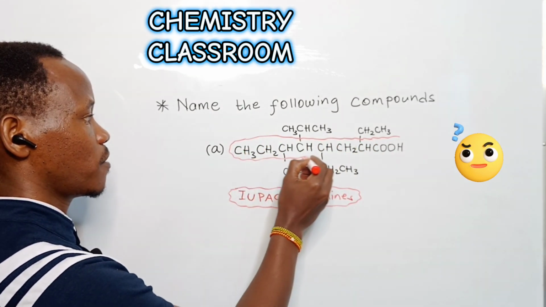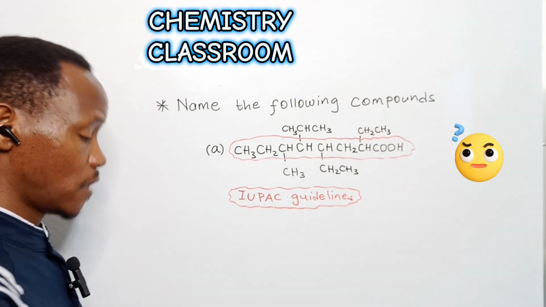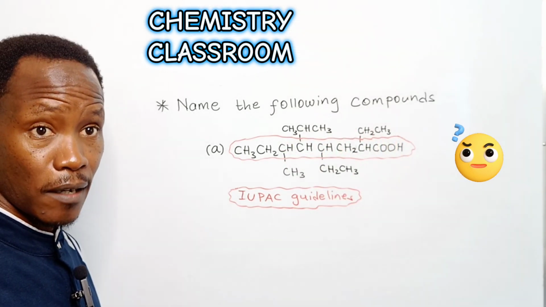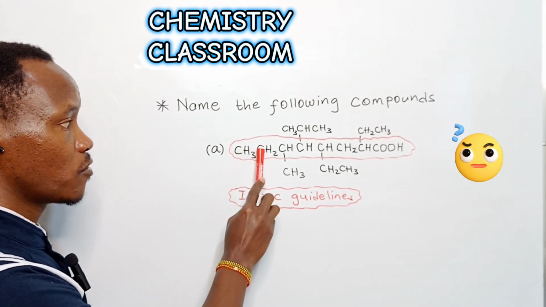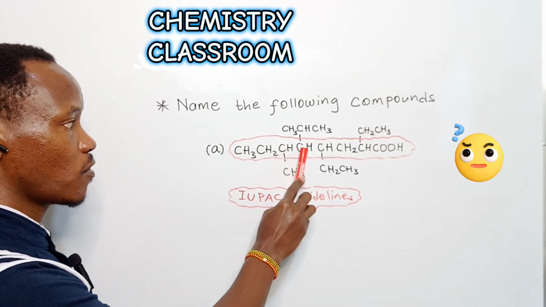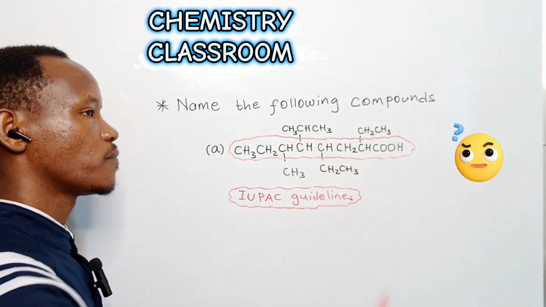And why is it the parent chain? It is the parent chain because in this compound, it is the longest carbon-carbon skeleton with a total of 1, 2, 3, 4, 5, 6, 7, 8.